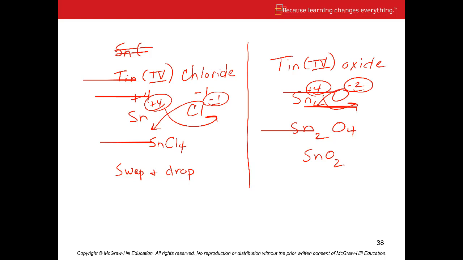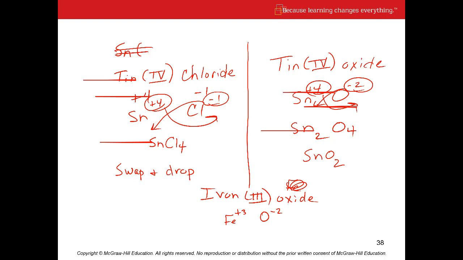I'll tell you where this is nice. Let me write the name: iron 3 oxide. That means I have a +3 iron and oxygen has a -2.